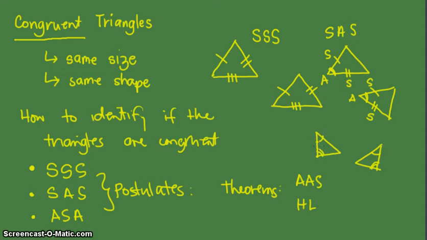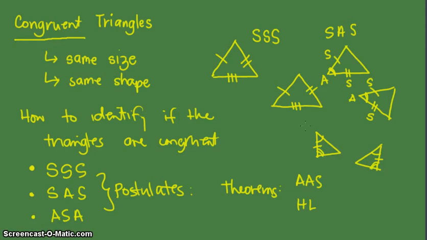If the side in between the two angles is equal to the side in between the two angles on the second triangle, then by ASA, angle, side, angle, we can say that the two triangles are congruent. They are the same size and same shape.